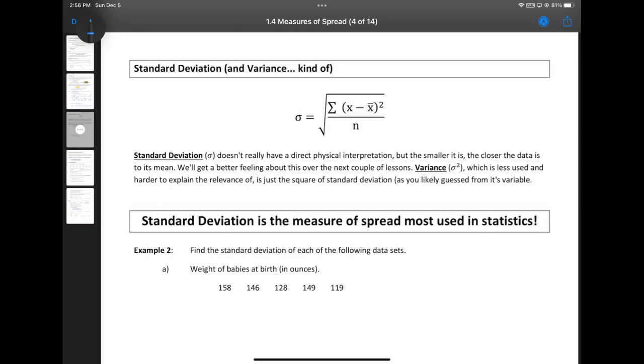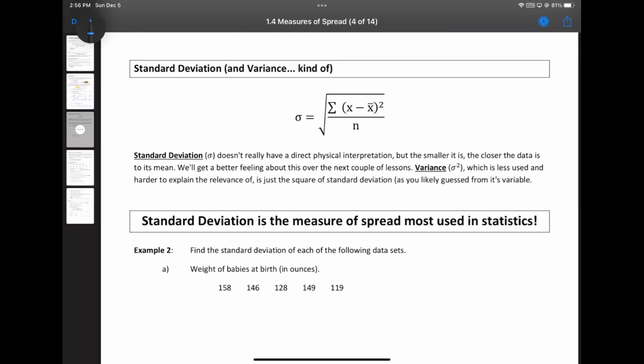If I look at this, the top part there says x minus x bar squared. X minus x bar is each data point minus the mean, and then squaring it squares that number. The reason the square comes in handy here is because it means that the sign of x minus x bar doesn't matter. So if, for instance, x minus x bar was positive 2, that just means the data point was 2 above the mean.